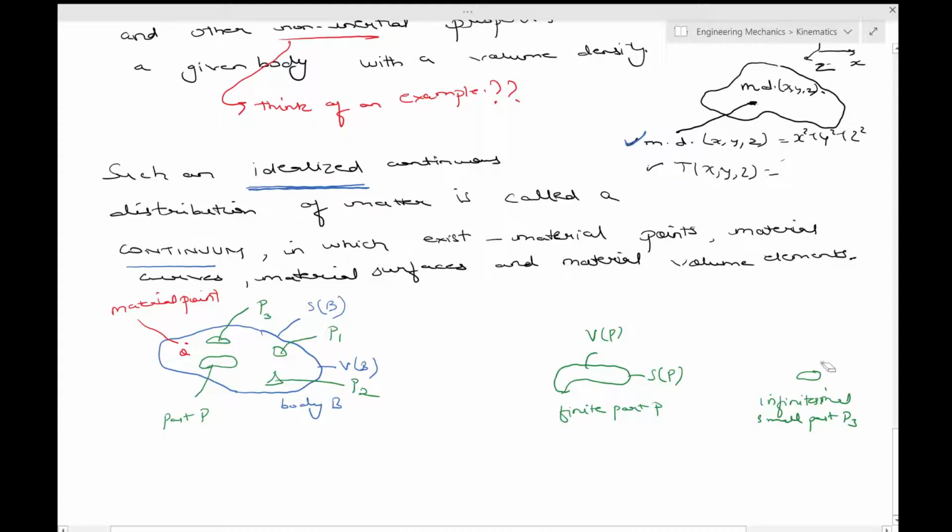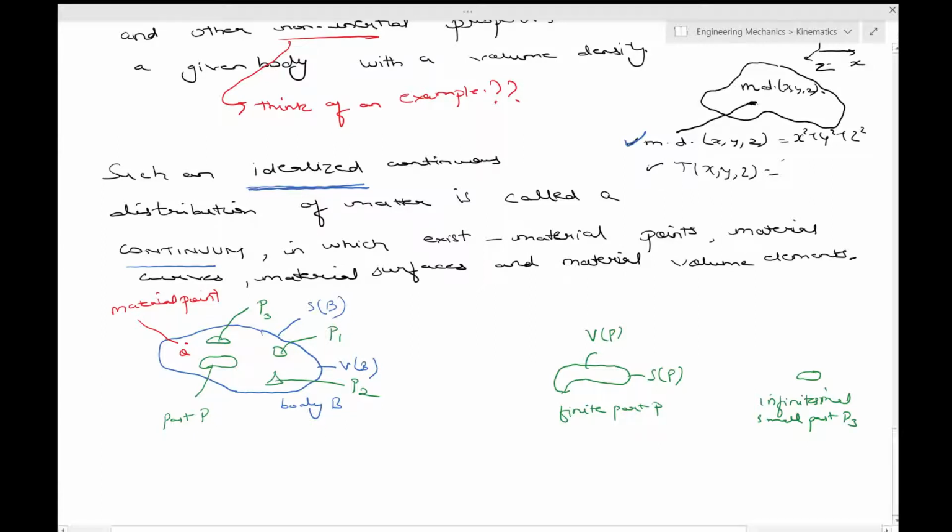Now let's relook at what we have just learned. Such an idealized continuous distribution of matter is called a continuum, in which exists a material point. The red one which you can see is a material point, and there have to be infinite material points. I've just shown it as one.